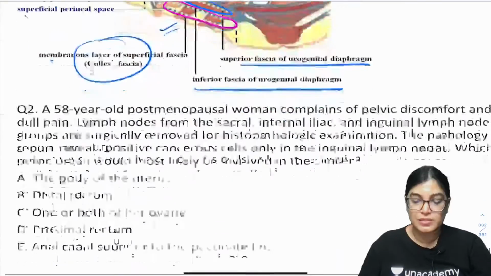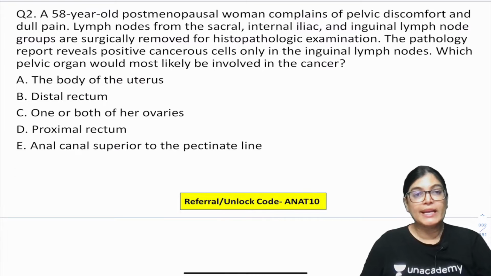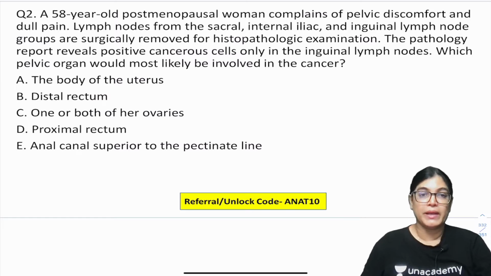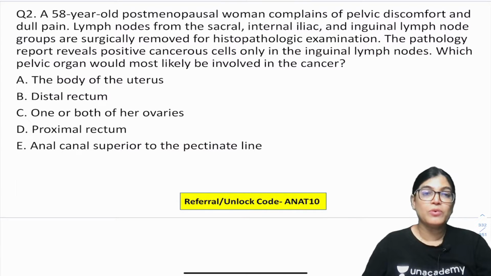Let's move on to the next MCQ, that is question number 2. A 58-year-old post-menopausal woman complains of pelvic discomfort and dull pain. Lymph nodes from the sacral, internal iliac, and inguinal lymph node groups are surgically removed for histopathological examination. The pathology report reveals positive cancerous cells found only in the inguinal lymph node.